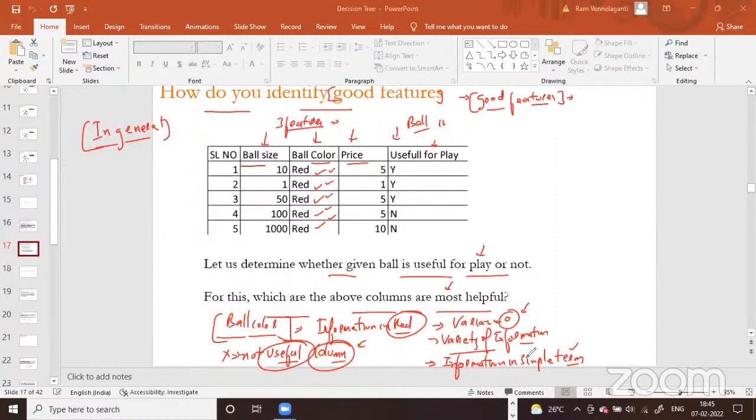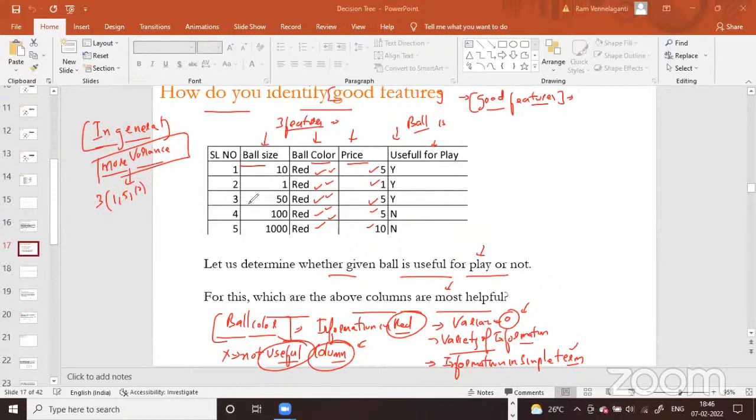Now, what about ball size and ball price? Which among these two columns has more variance? Ball price, if you see, has three different values: 1, 5, and 10.